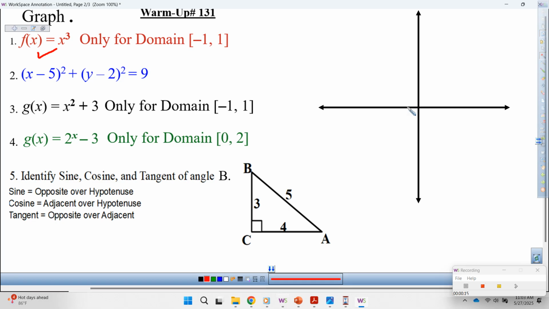Try again. How about -1, -1? Okay, there you go. -1, -1, 0, 0, and 1, 1.